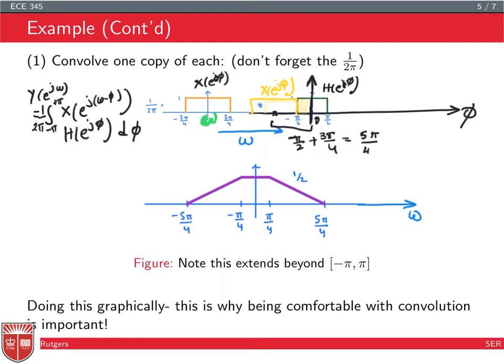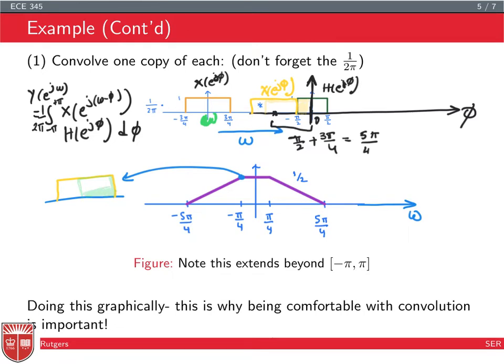Let me do it in blue here. In this case, this is what's going on in terms of the graph. You have the green thing that is completely inside the yellow thing, and the value is here.